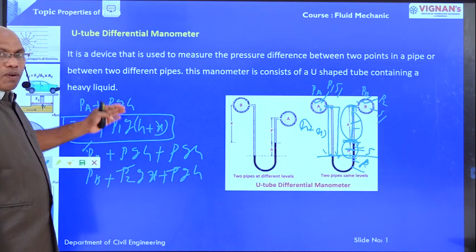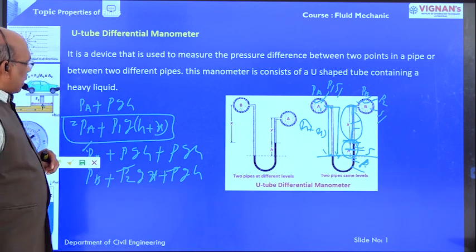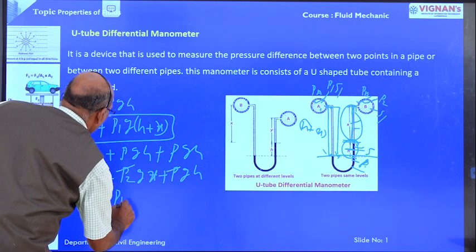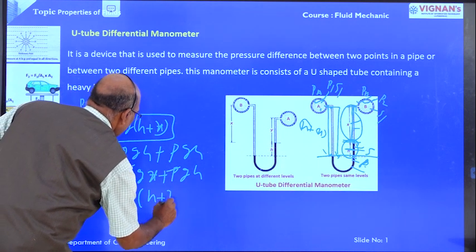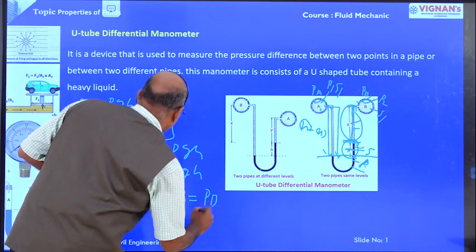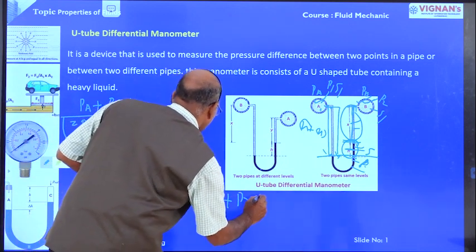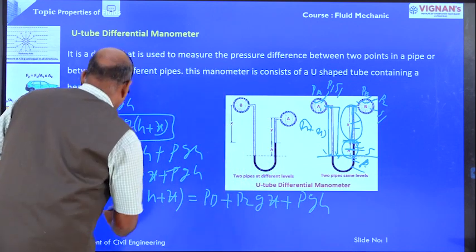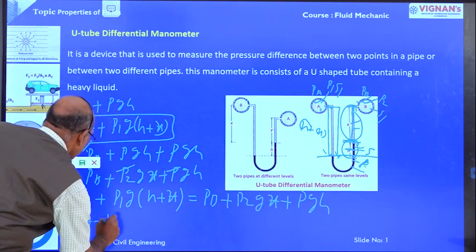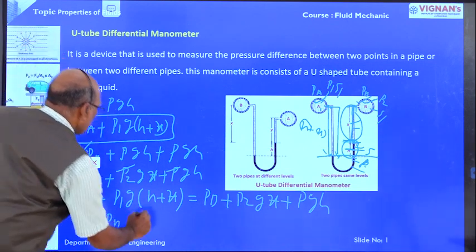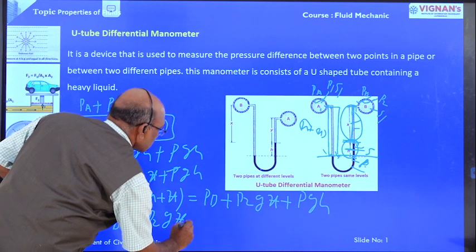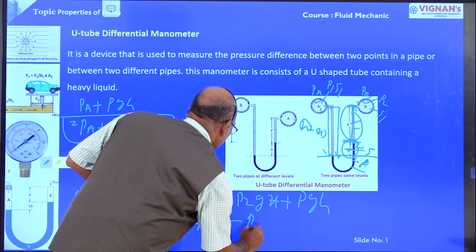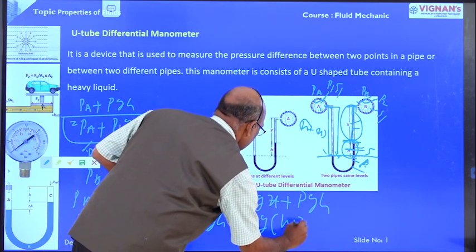Now we equate the left side pressures to the right side pressures. The left side pressure is PA plus rho 1 G into H plus X, which is equal to the right side pressure, PB plus rho 2 G X plus rho G H. Therefore PA minus PB is equal to rho 2 G X plus rho G H minus rho 1 G into H plus X. Right.